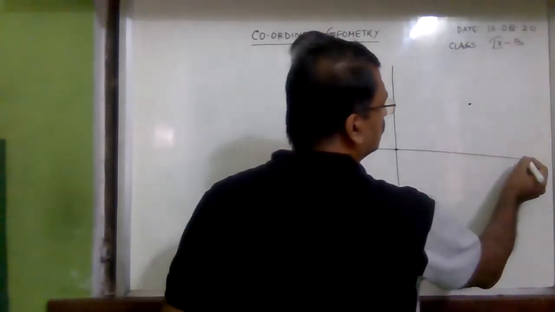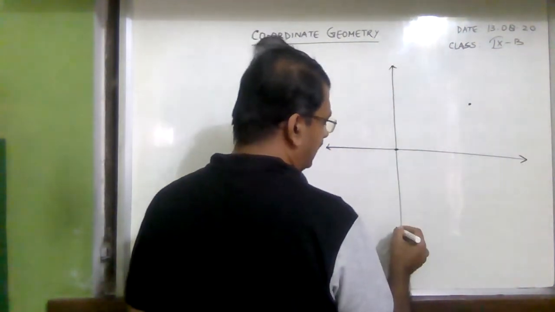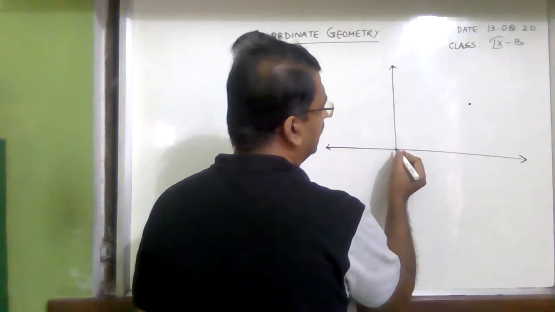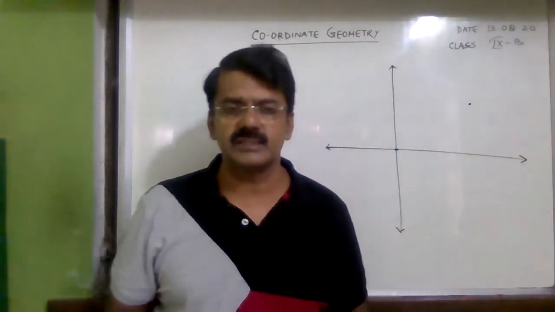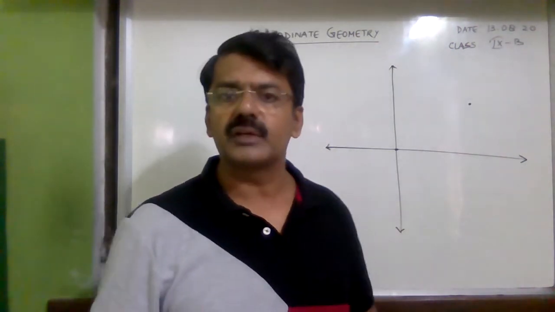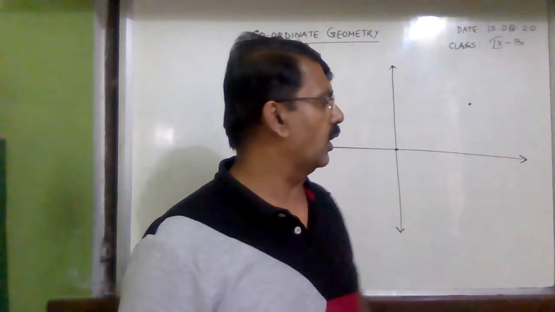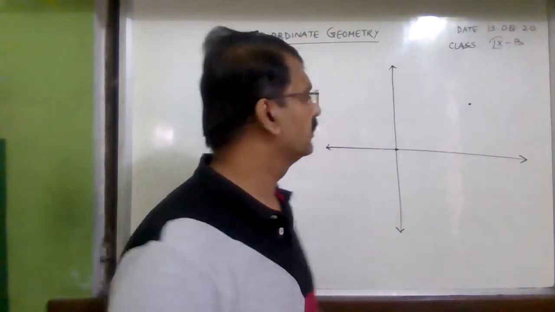Now what we do, you start measuring from this bridge. For measuring the distance, you can use the length of your stride or whatever. If you have a measuring tape, you can use that also.